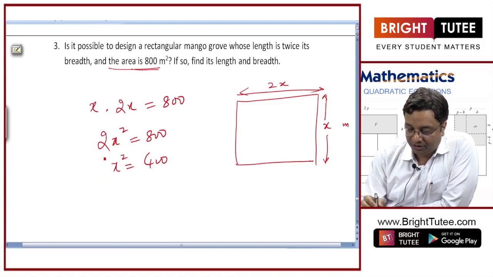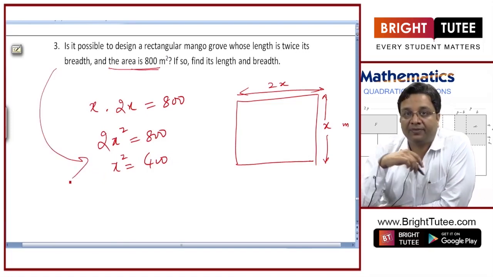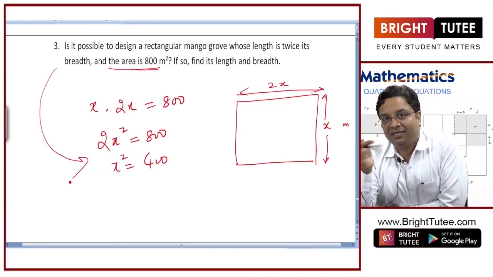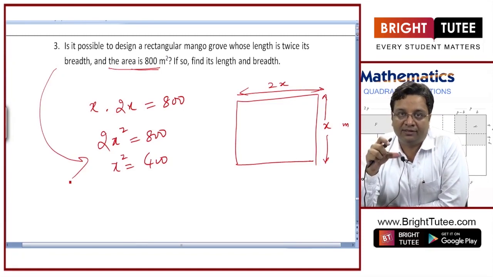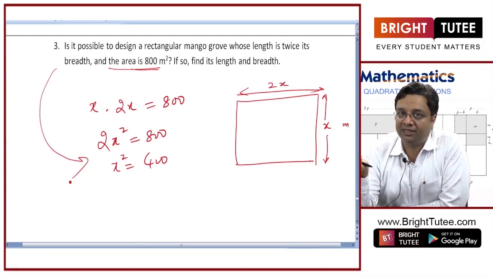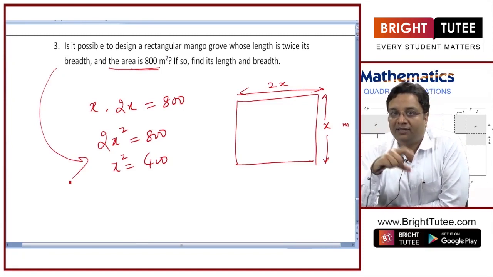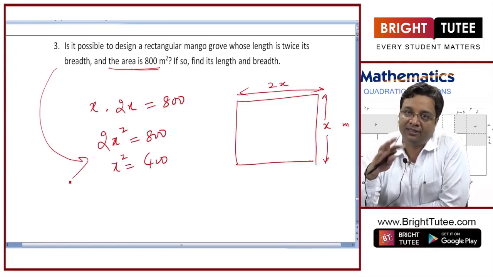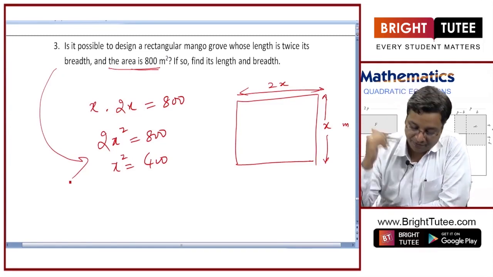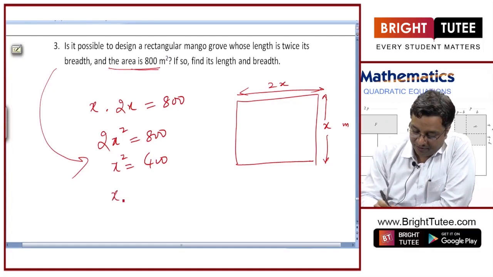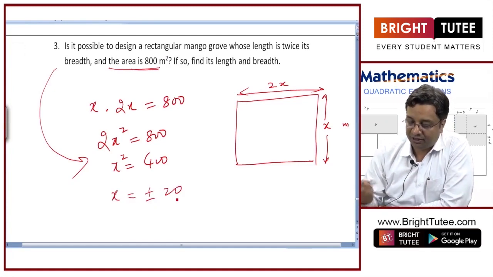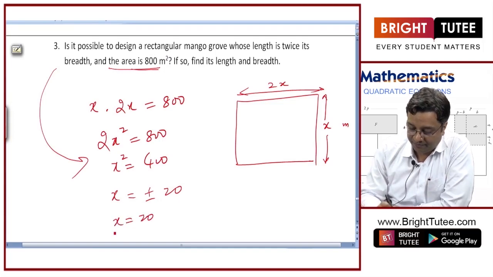Now this question has been converted into a quadratic equation in x. Now if I get the real values for this x, then we can say that this field can be designed. If I don't get the real values for x, then we will say that such a field cannot be designed. Okay, so x will be equal to plus minus 20. Negative 20 we cannot take, x will be equal to 20.